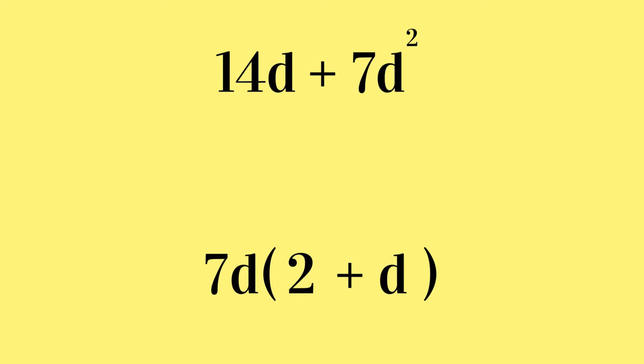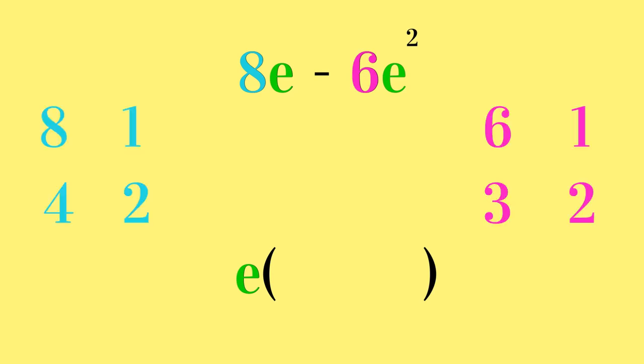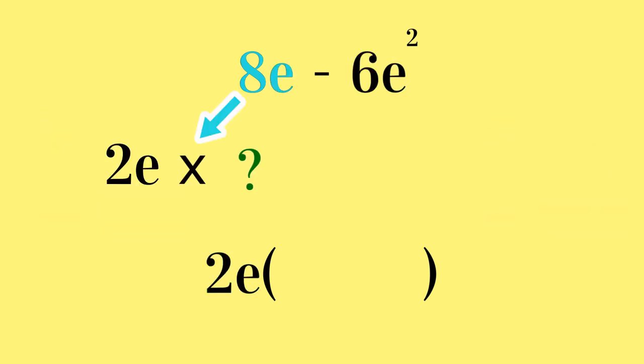Here is another example. 8e subtract 6e squared. Here we can see e is in both terms, and that 8 and 6 also have the common factor of 2. So outside of the brackets we put 2e. To get 8e, we multiply 2e by 4, so 4 goes into the brackets.